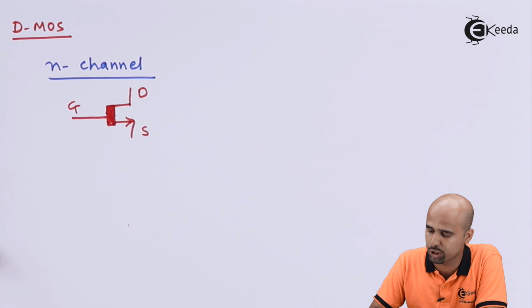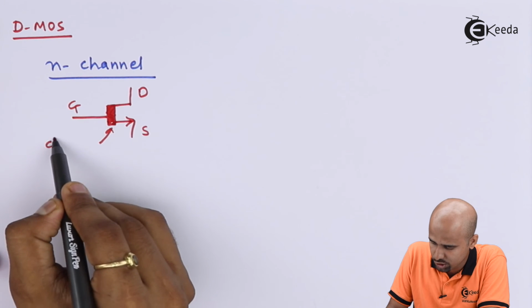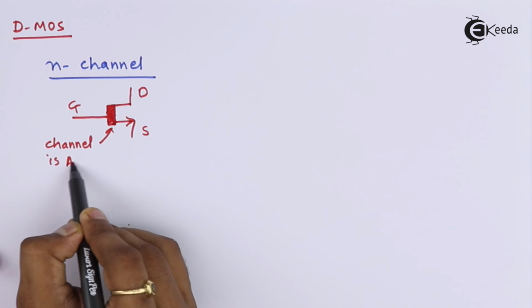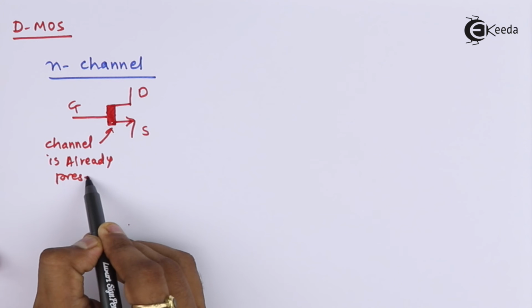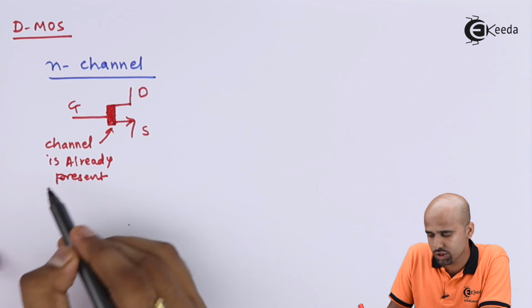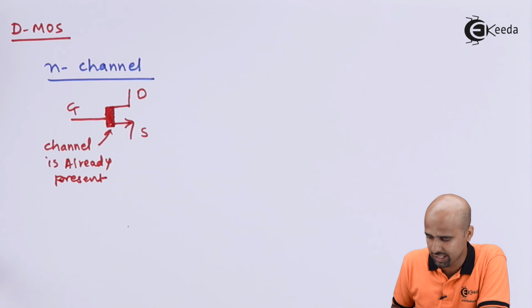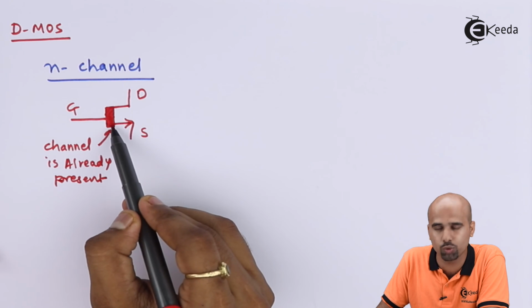The arrow represents the direction of current, and this filled gap is saying that the channel is already present. So a channel is already present, we just have to maintain the flow of current, that's it. And that is why these are the filled two parallel plates.